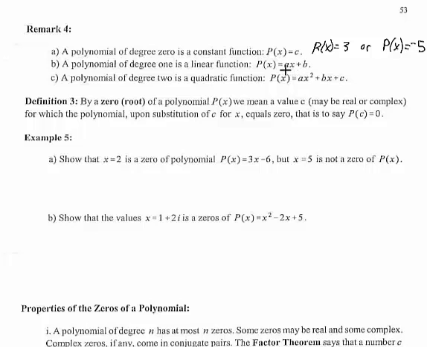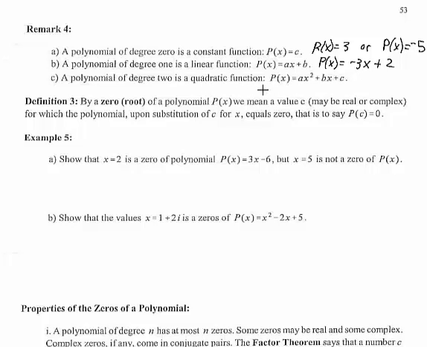So it is of the form ax plus b, and if we graphed it, it would be a straight line. So some examples of that would be P of x equals 2x minus 1, a slope of 2, a y-intercept of negative 1. We can write P of x equals negative 3x plus 2. So a slope of negative 3 and a y-intercept of 2. So those are linear functions.